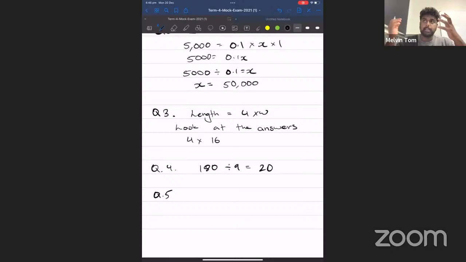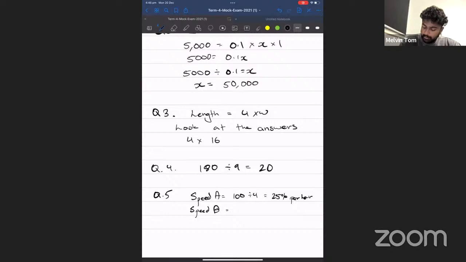So if it fills up in 4 hours, we know that the speed of pump A is equal to 100 divided by 4, which is 25% per hour. Speed of B is equal to 100 divided by 6, which is, God knows, 15 point something percent.